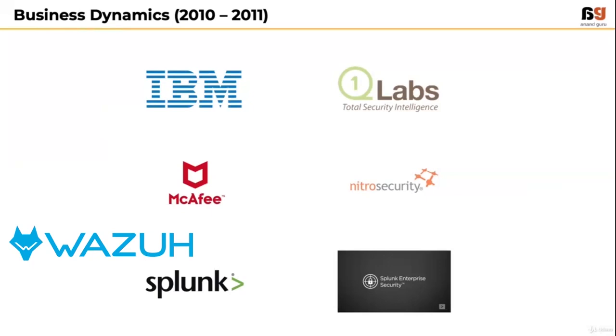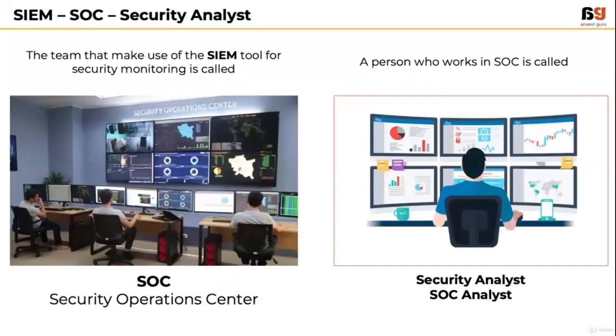Okay. So we're going to be talking now about the SOC security analysts, their job roles, what they do, how they do the things they do, and the tools they use. I think it was summarized by the people, the process, and the technologies.